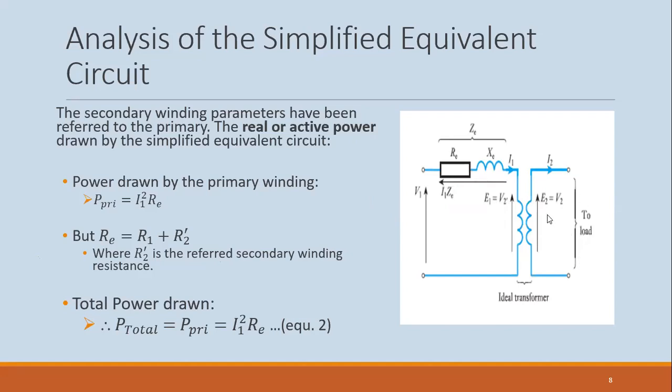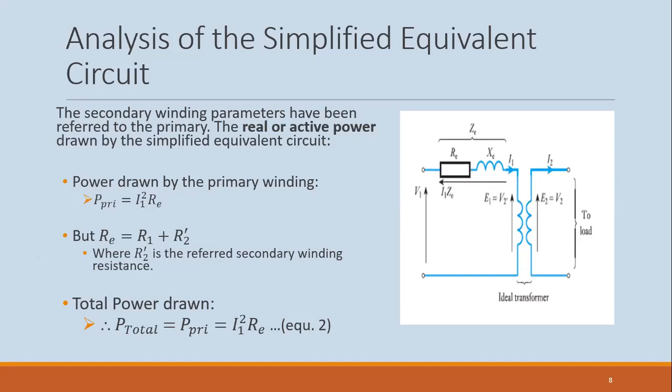So if this is the rated value, by the turns ratio this would also be equal to the primary voltage. E1 and V1 would be the same, because remember, the turns ratio is V1 divided by V2.